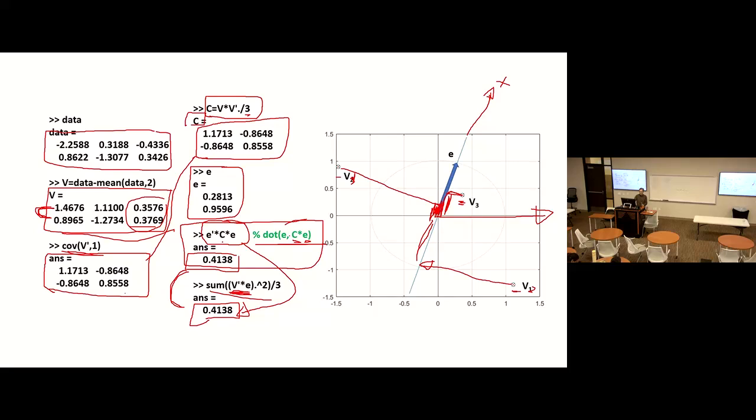So where does the information come from? The information comes from the C matrix, the covariance matrix, not from any V, not from any data point itself.